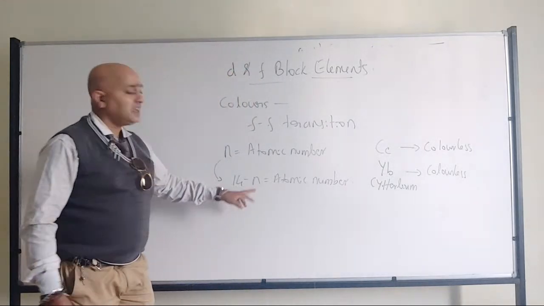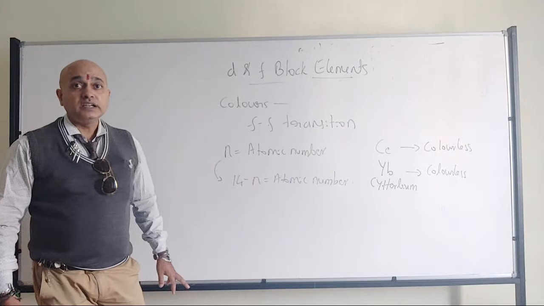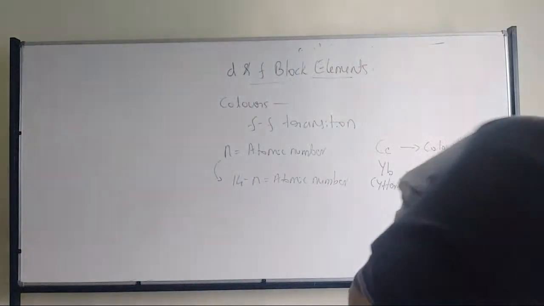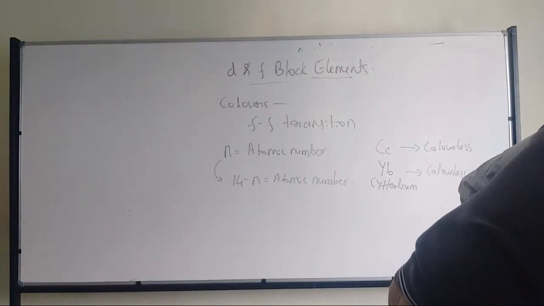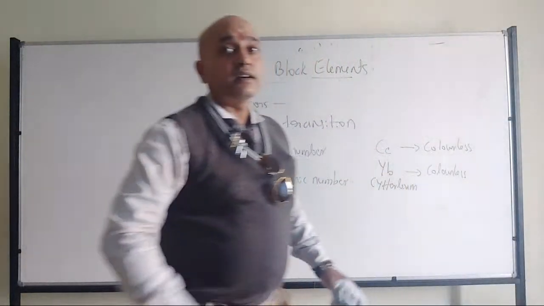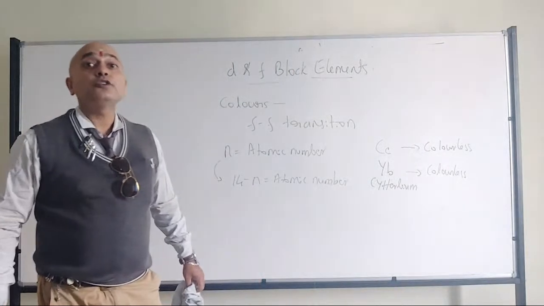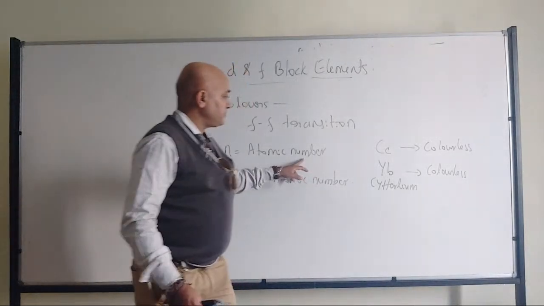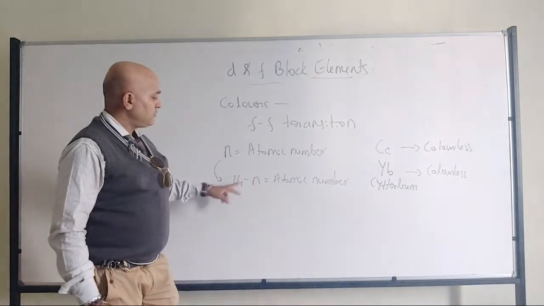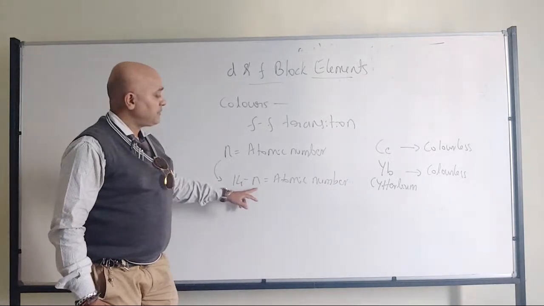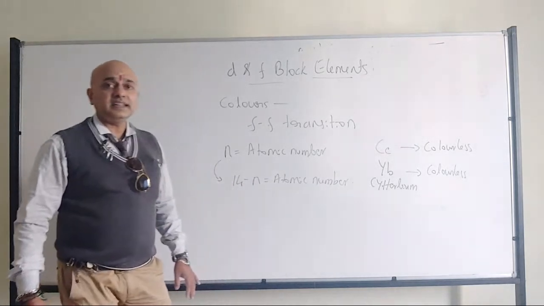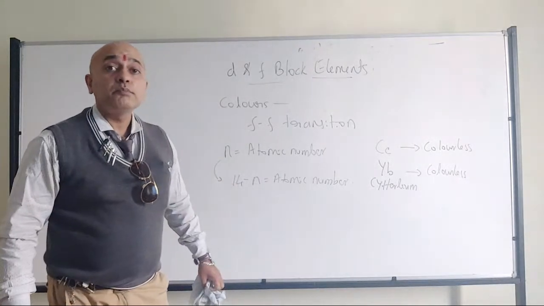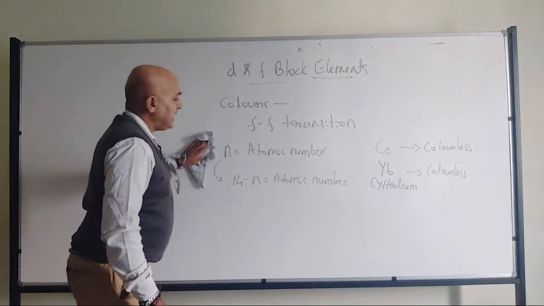That's what 14 minus n talks about. Don't get confused: here n is not the energy level, it means the atomic number or position. So 14 minus 1 is 13.